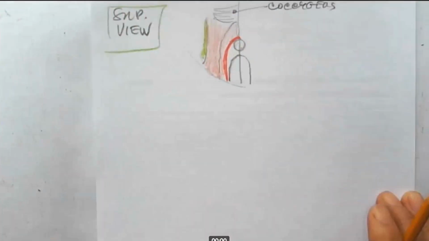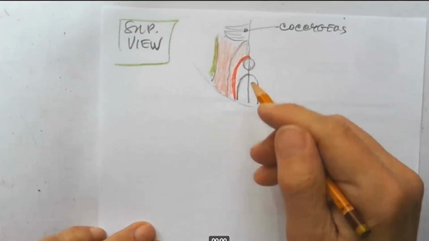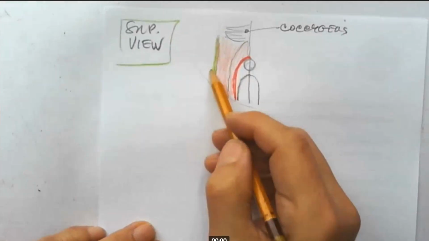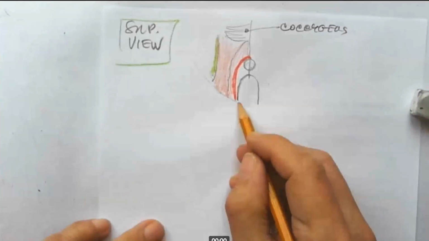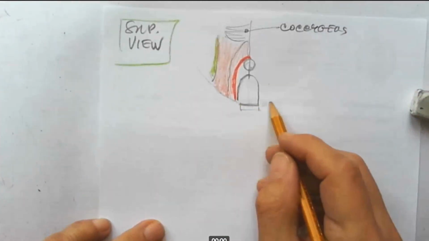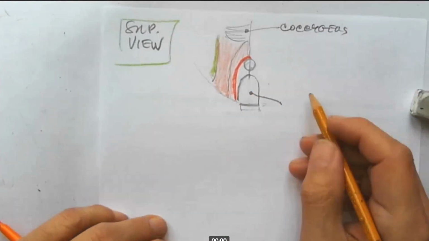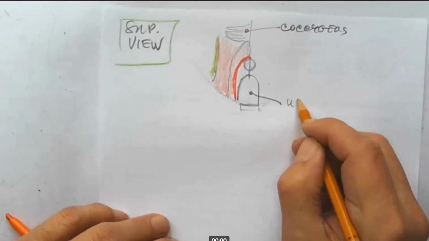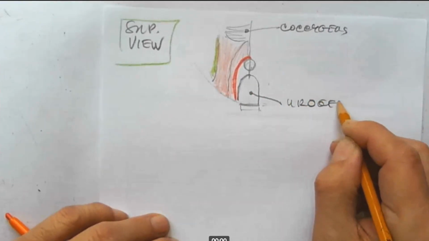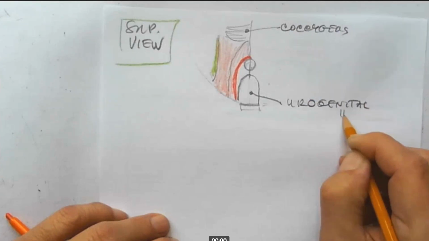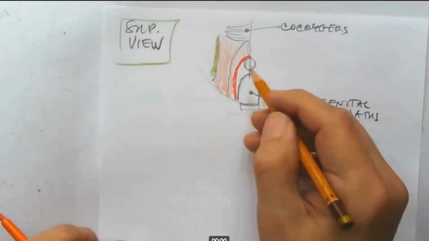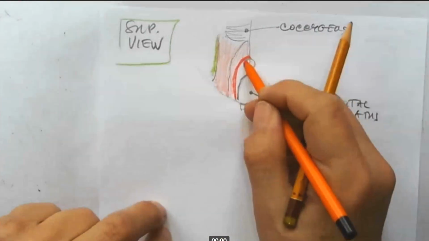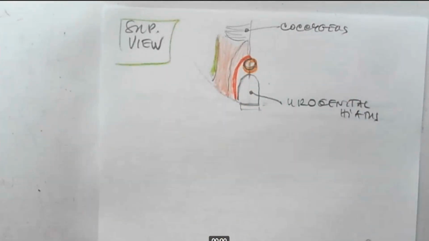This is just for orientation, because we have to speak about the exact muscle. And here, eliminating, there is the pubic symphysis, definitely. So that opening is called the urogenital hiatus, which is covered by the muscles of the urogenital diaphragm.